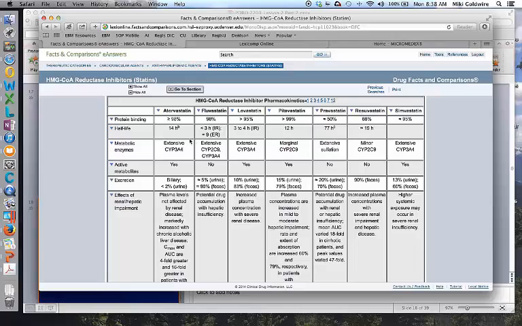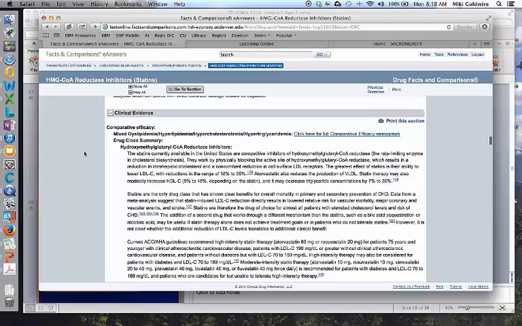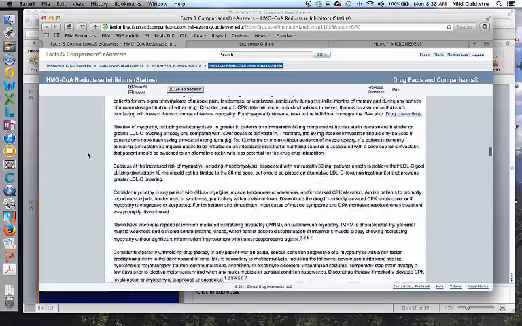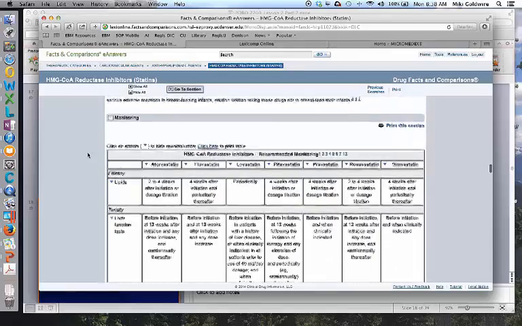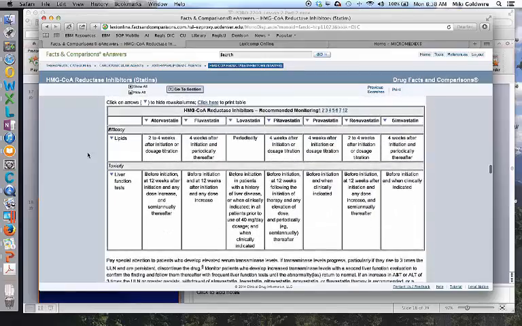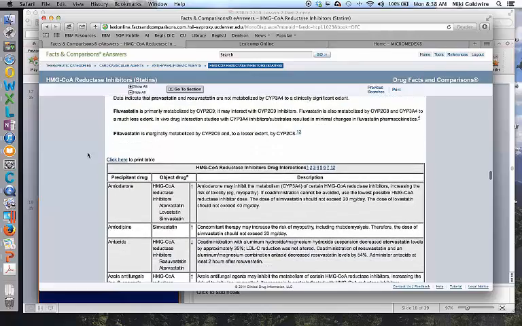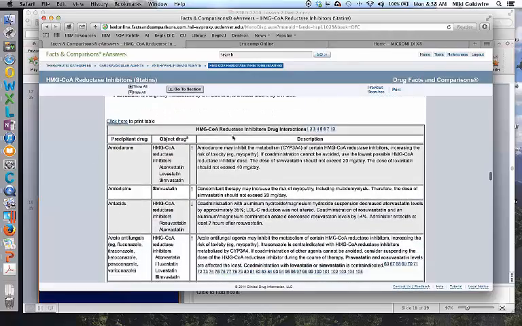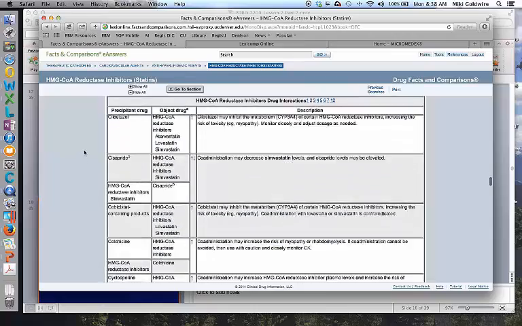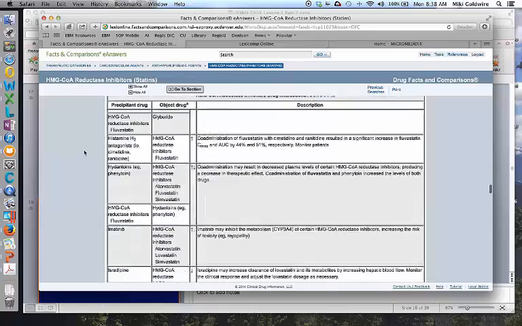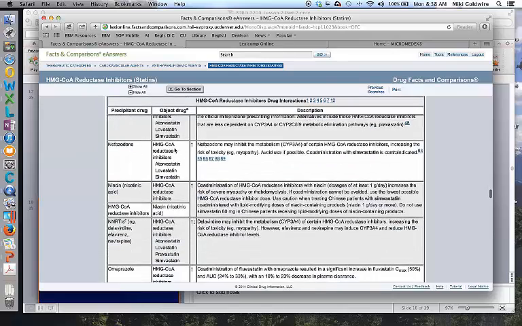So to double check those, I could go down to drug-drug interactions. And this is going through the adverse events, pregnancy and lactation, monitoring of these medications, and then drug interactions. So this was a drug interaction with nefazodone. Nefazodone may inhibit the metabolism of CYP3A4, increasing the toxicity of the drug.